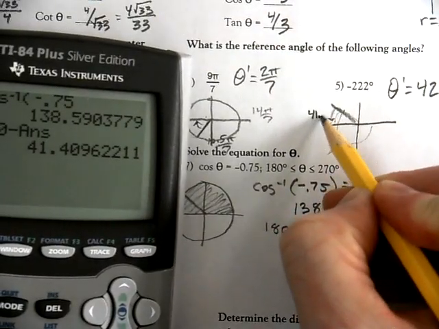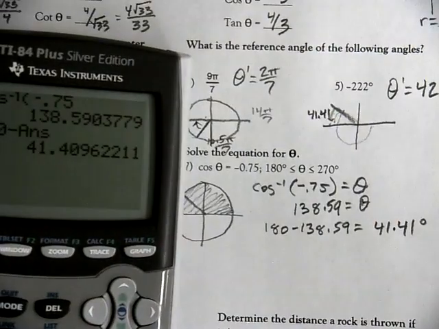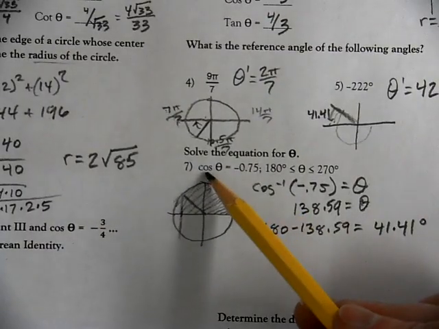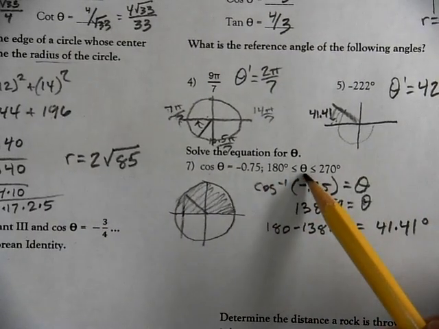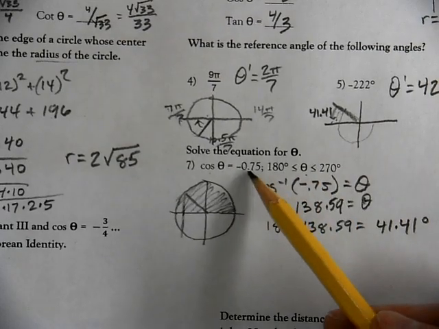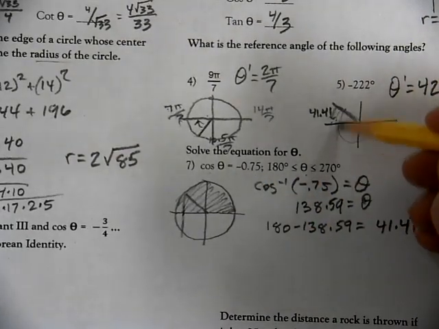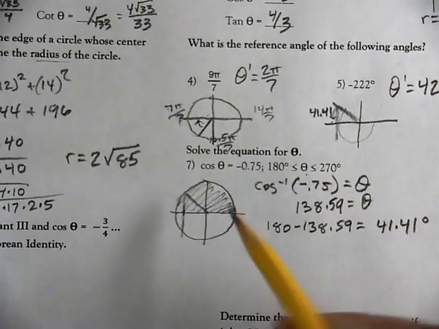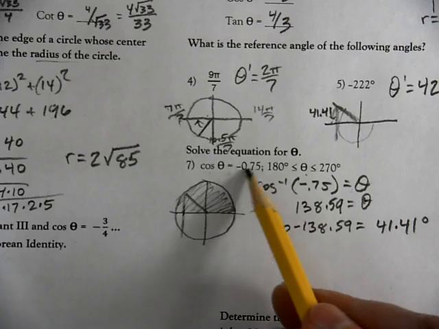So 41.41. We want to know the other angle in the third quadrant that is also a cosine of negative 0.75.